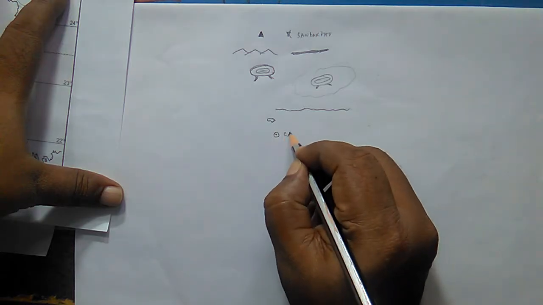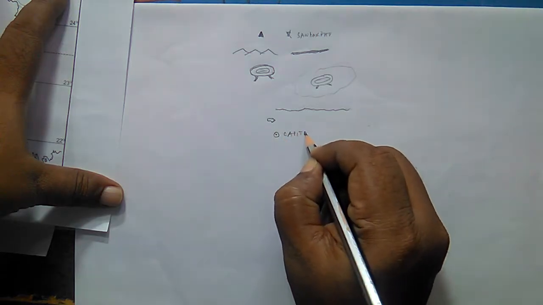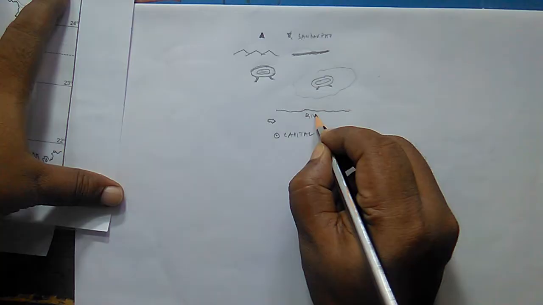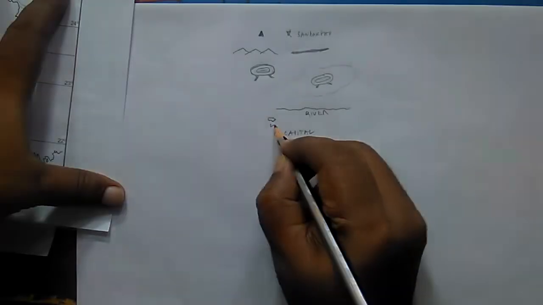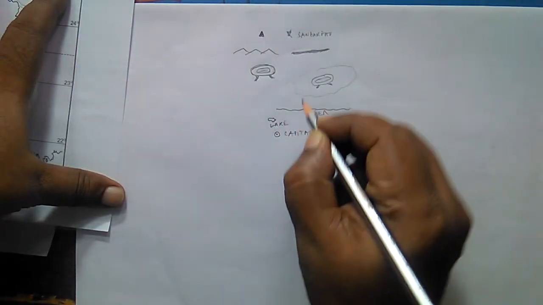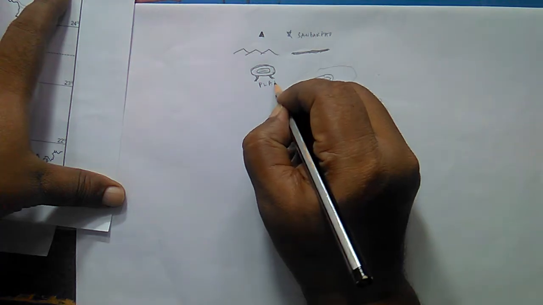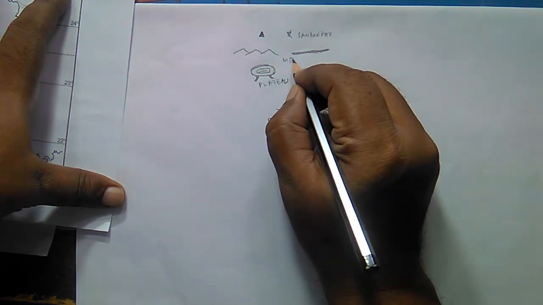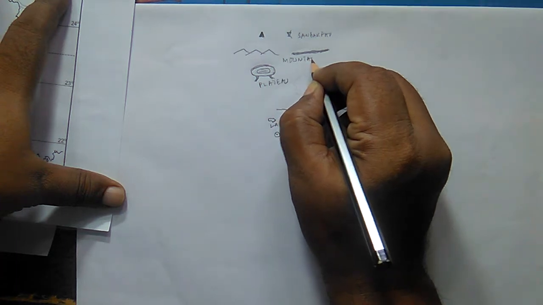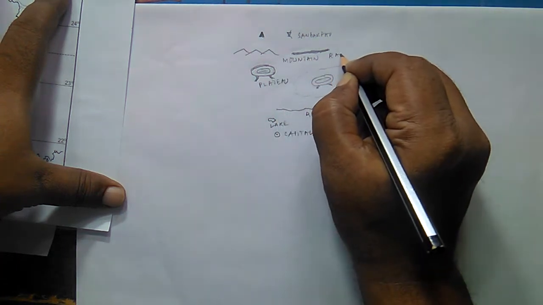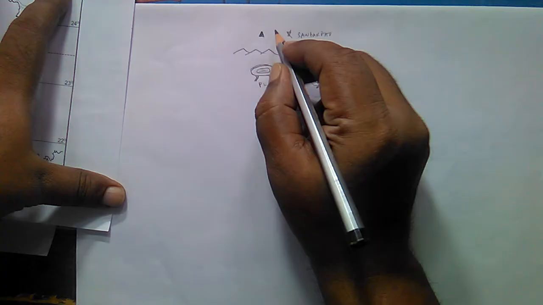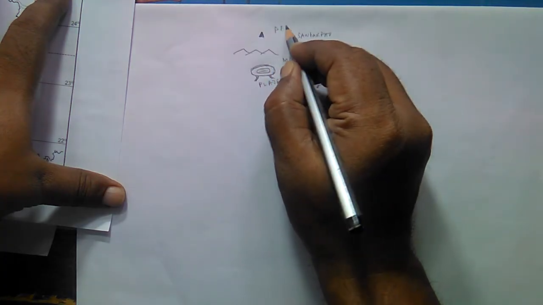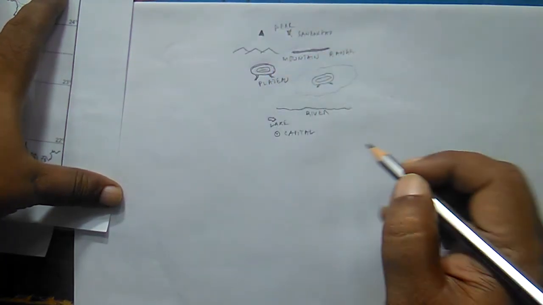That is the symbol of capital. This is river, this is lake, this is plateau, this is mountain range, and this is obviously peak, that is the highest point of a mountain.